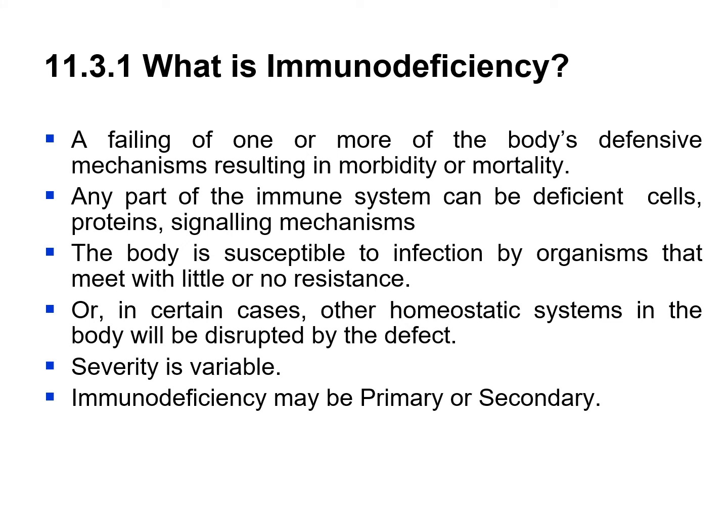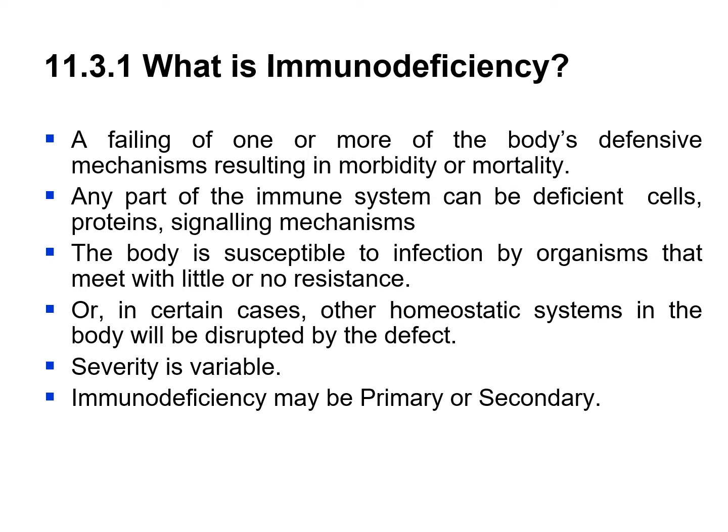Immunodeficiency is when the immune system fails to provide protection, which can result in diseases, morbidity, or even death, mortality. So any part of the immune system can actually be deficient. For example, there will be a lack of cells or certain protein substances, signaling mechanisms.